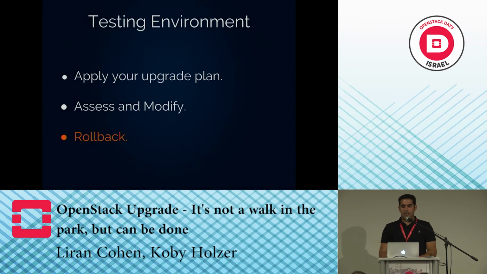So once we have the testing environment ready, and we made sure it's production-like, we can test the procedure or the plan, and we can modify it to see everything is working as expected. We should definitely consider testing the rollback as well.